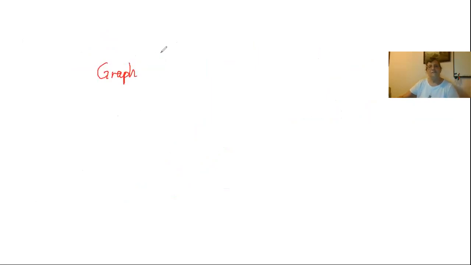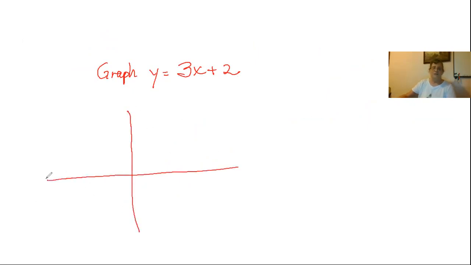If we graph y equals, the lines can be annoying because it's hard to tell whether something's on the inside or the outside. But you already know how to graph a line.